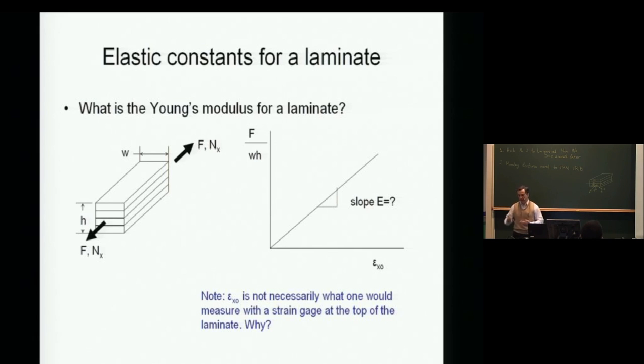To start with that, we have to think: what do we typically get in the laboratory as actual measurements? The first thing that you know is that if I load something in tension and somehow I measure the stress, F divided by WH, my average stress, and the mid-plane strain, I would get, if all is well and the material is well behaved, a straight line, the slope of which is the Young's modulus, and that's fine.